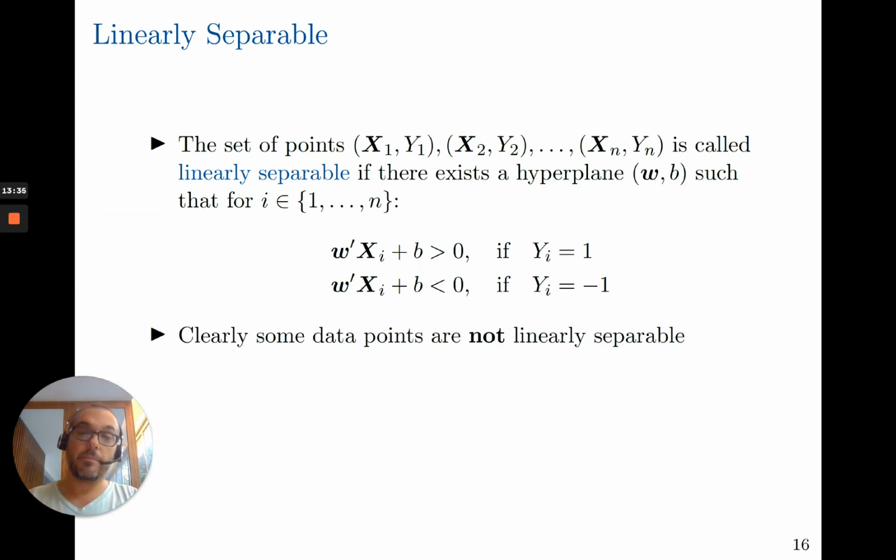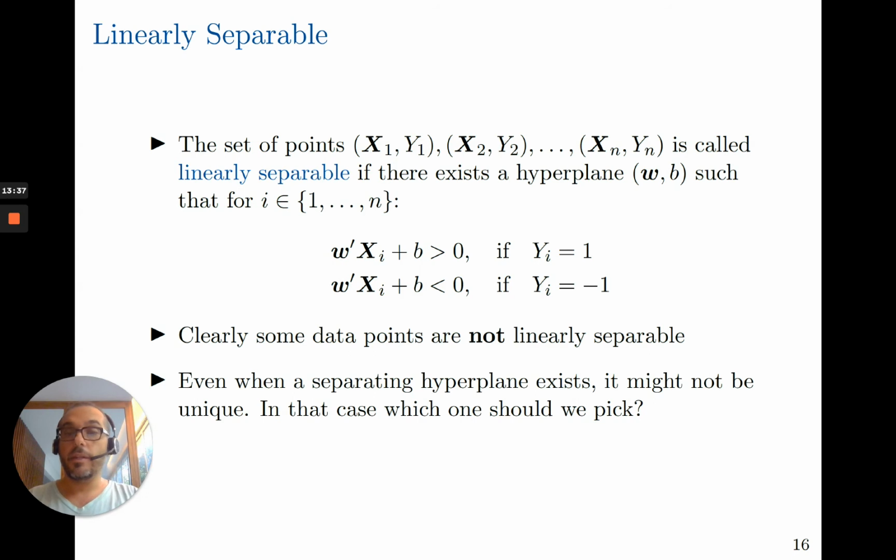Of course, some data points are not linearly separable, and we are going to look into that a little bit later, but let's first consider the case where we have data points that are linearly separable.